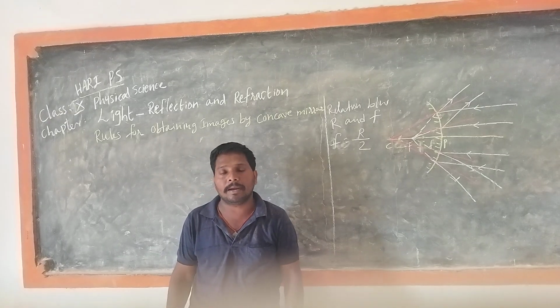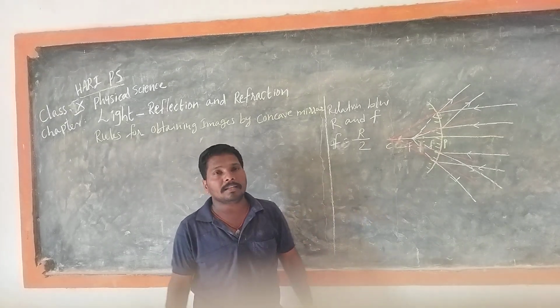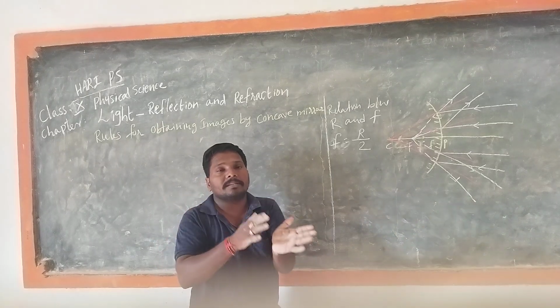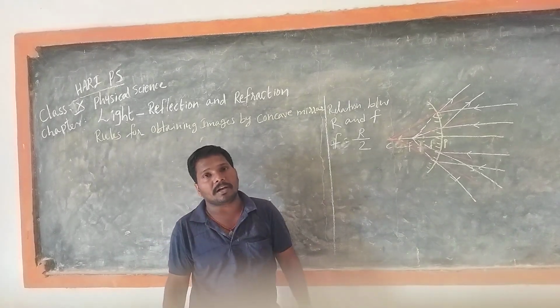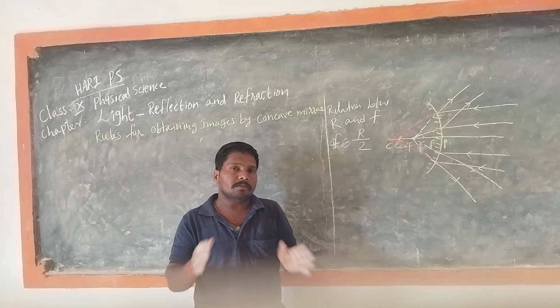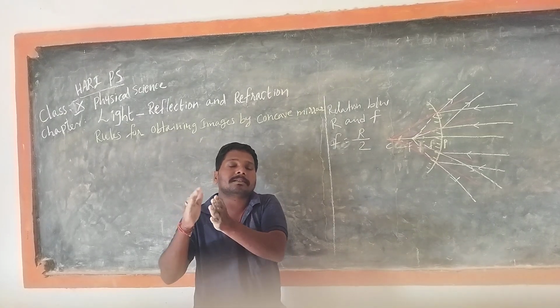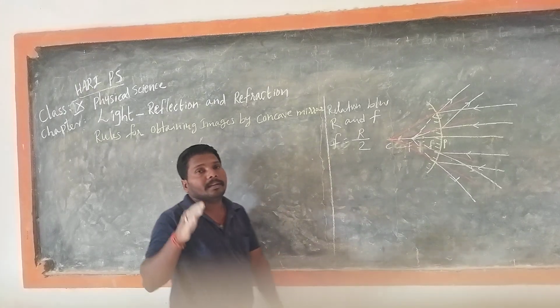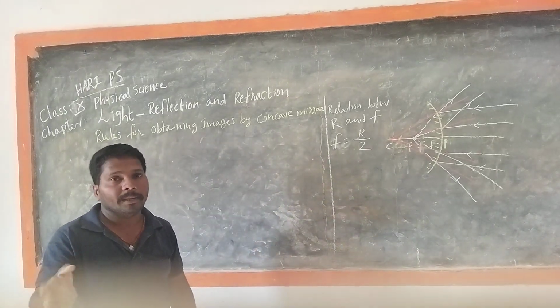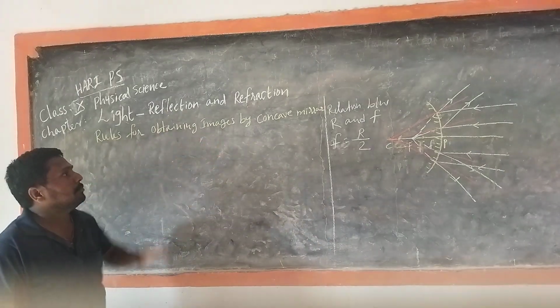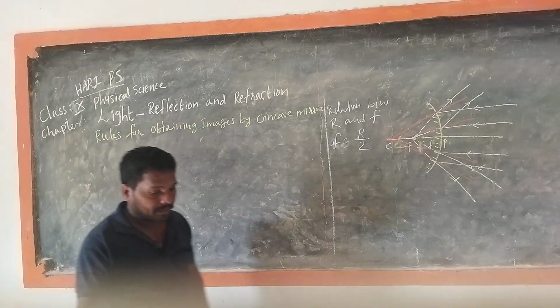The focal length is half of the radius of curvature of the mirror.